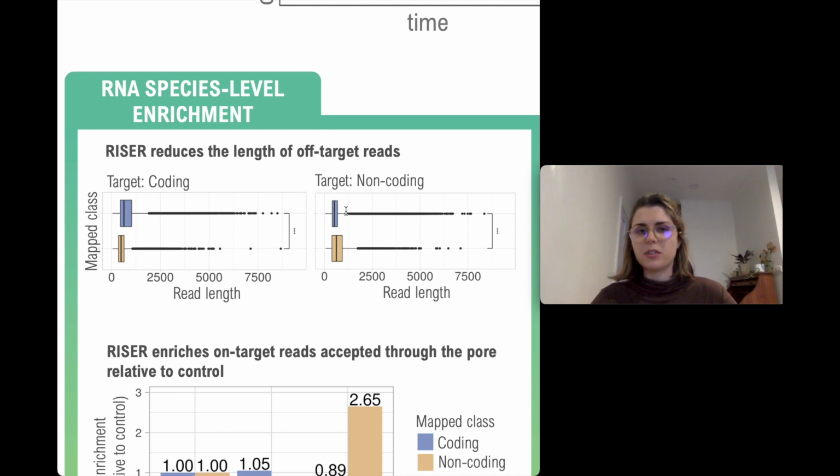And the same effect was observed when non-coding was the target. So what this tells us is that RISER is able to reject the reads that are off target, effectively reducing their read length so that the sequencer has more time to sequence the target species.